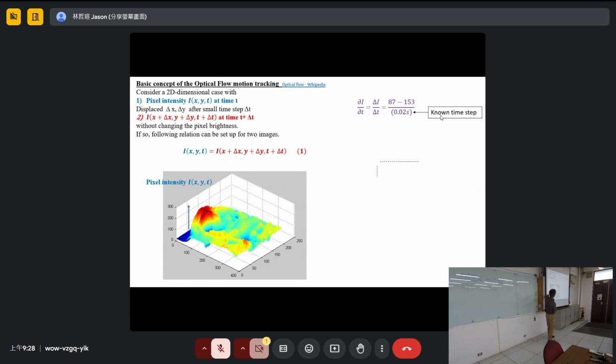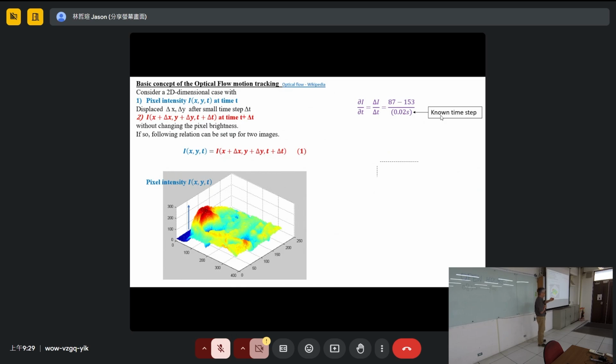This is the 3D image of the pixel intensity in one frame. Then in video, we can capture the pixel intensity at time t. Then after that, we have another video frame recorded at delta t. To understand motion tracking, we just need to understand the tracking of a pixel from one frame to the next frame.